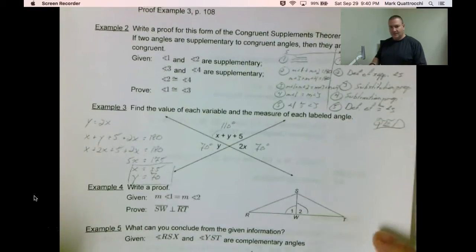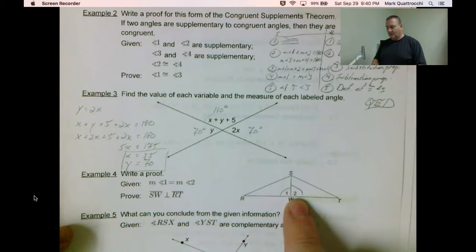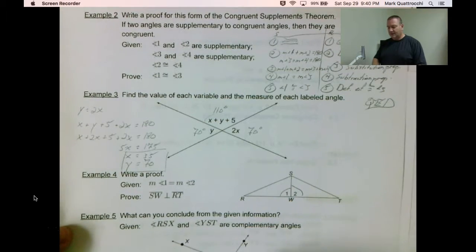And then if we look at the diagram, angle 1 and angle 2 are adjacent. Angle 1 and angle 2 add up to be 180 degrees. If they're adjacent and supplementary, then the measure of angle 1 plus the measure of angle 2 equals 180 degrees by the linear pair postulate.